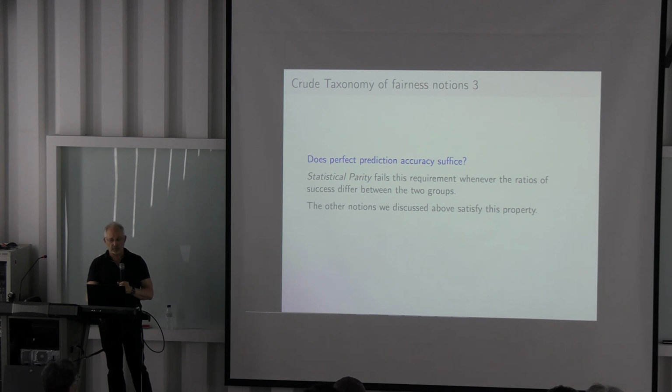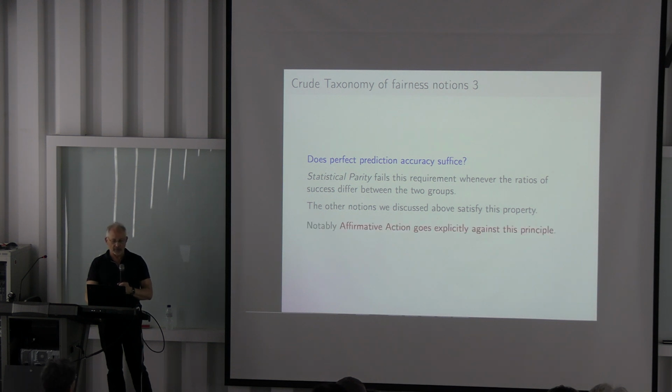Okay, so statistical parity fails this requirement. Perfect prediction does not give you the same percentages in those groups. The other notions do judge it as fair if you are perfectly correct. But of course, in reality, when we make decisions, we don't know exactly what the true label is. So in most notions that I talked about, except demographic parity, if you knew the correct label and made no mistakes, it would be judged as fair.